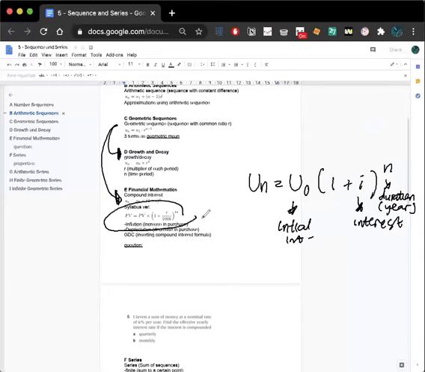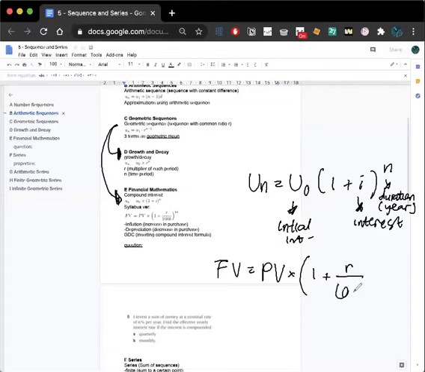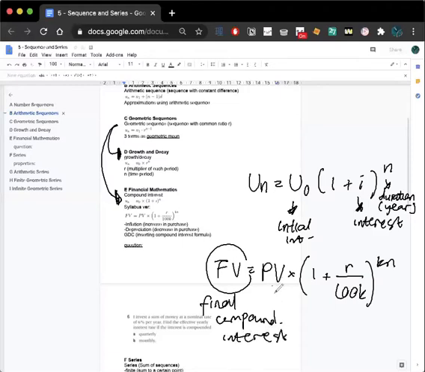Okay, but if you look at the AA or AI syllabus, they give you this formula: FV equals PV times 1 plus r over 100k, to the power of kn. This refers to the final compound money, and this is the initial amount.